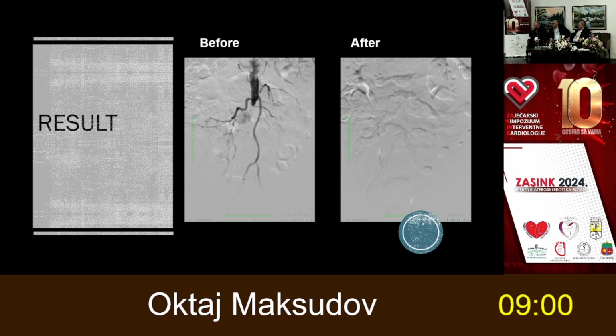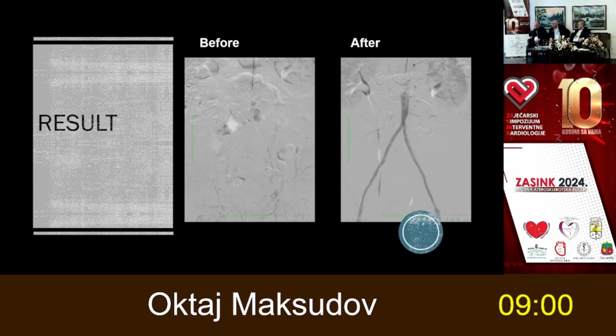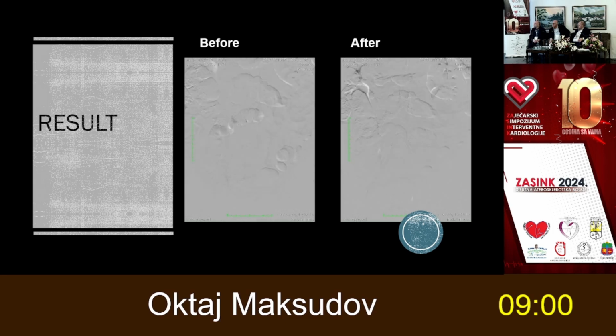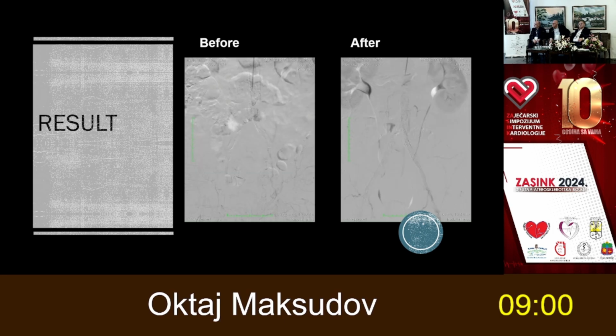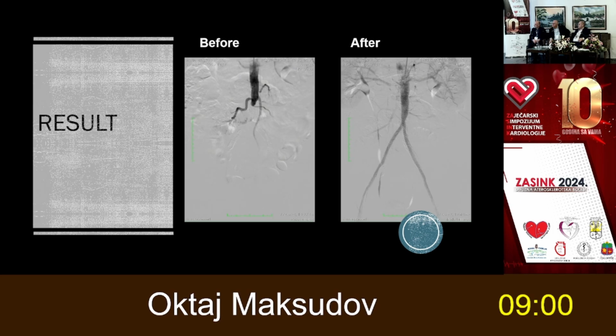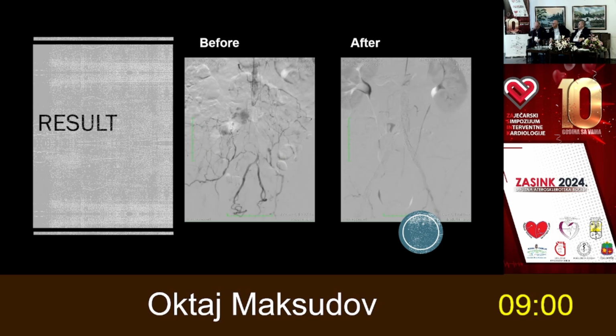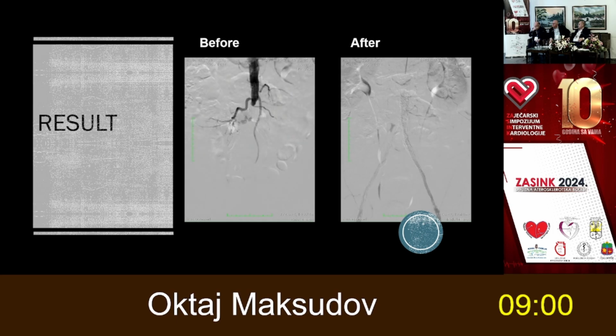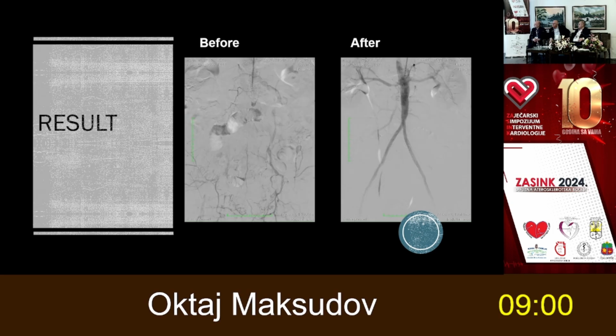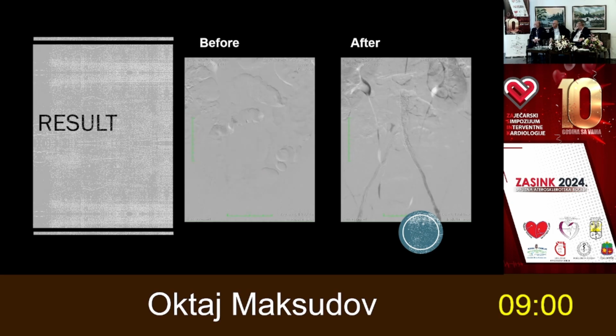In the meantime I switched the diagnostic right Judkins catheter for the right guiding catheter 6 French. The wire into the right femoral sheath was left just to secure the access.